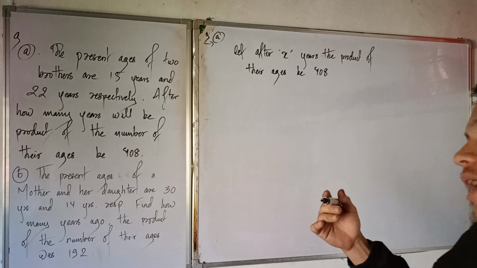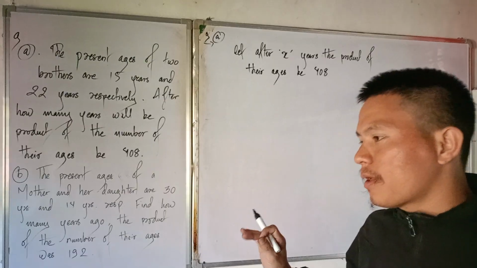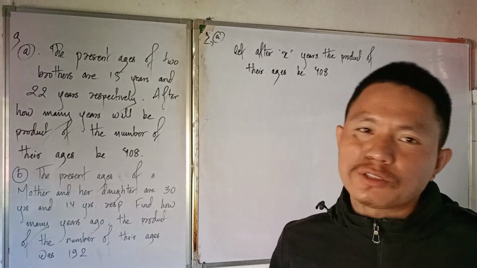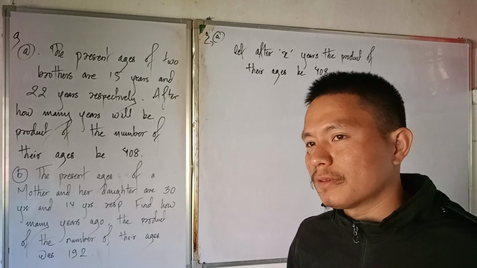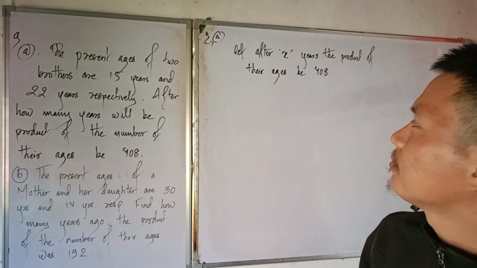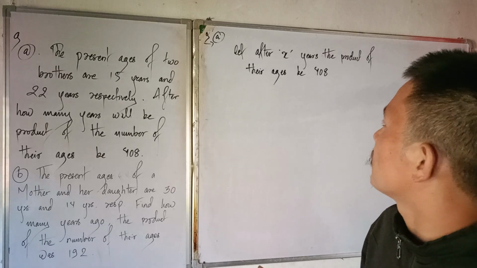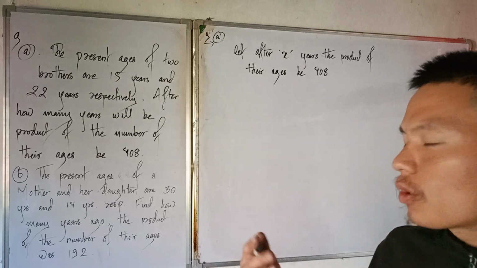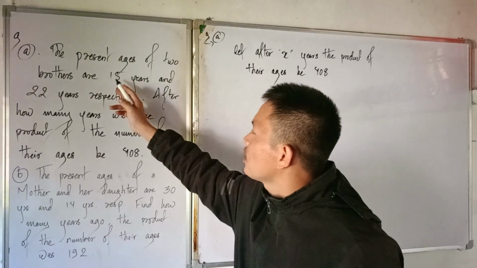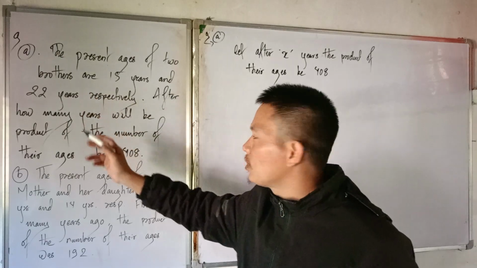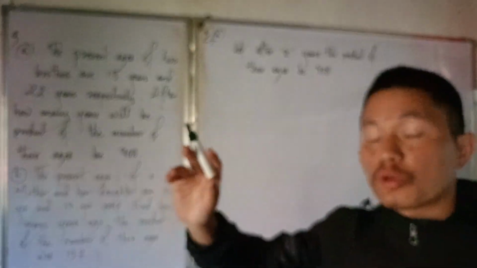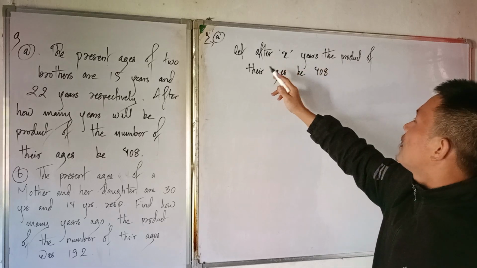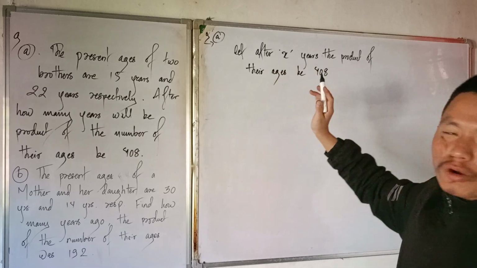Suppose my age is right now 30, after 5 years my age will be 30 plus 5, that is 35. We don't know the exact number of years after which the product of the brothers' ages will be 408. We don't know the answer, that's why we have supposed that answer as x years.